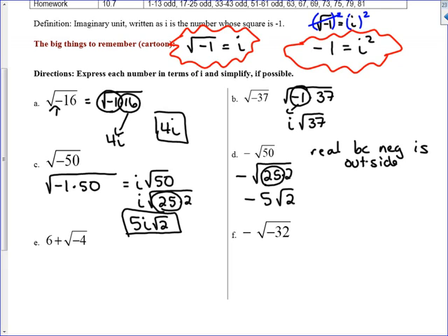We don't have an I because the negative was out front. The only time you get I is if the negative is part of the radicand for a square root. Cube roots can be negative and have real answers. Not a problem. So big difference between C and D. The only thing we see different in the problem is where that negative sign is.